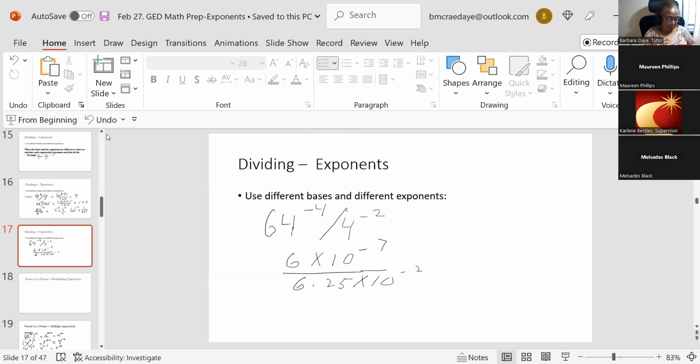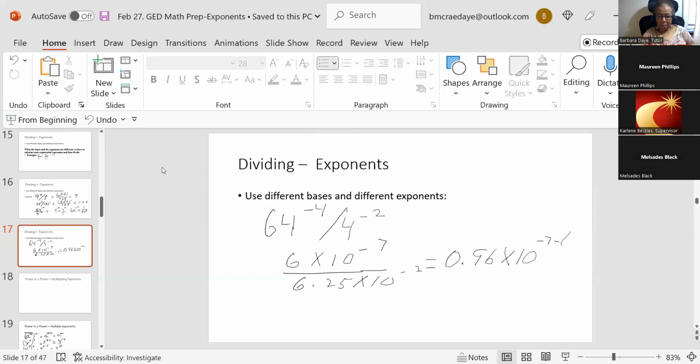So let's do the 6 by the 6.25. Just clear that. 6 divided by 6.25. Okay, that's equal to 0.96 times 10 to the minus 7, right?